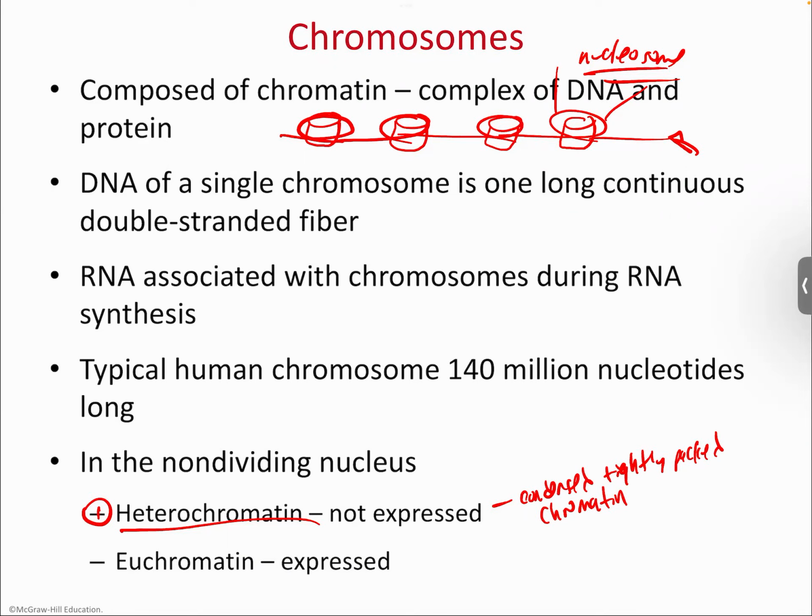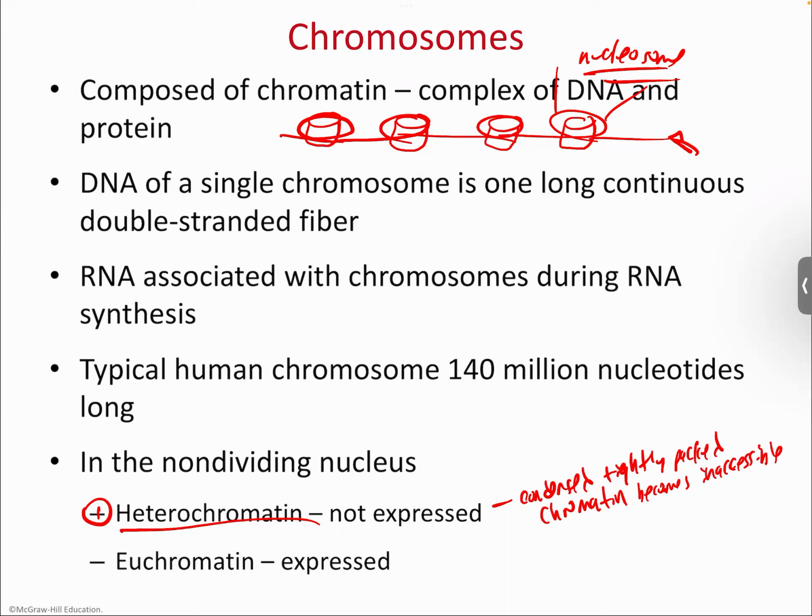It's not expressed because it's inaccessible. As a result, these tend to be what's called transcriptionally dark. If there's a gene in that area, it's not going to be expressed, which means it's not going to make its protein. So it'll be shut off. It's an effective way to silence that gene.